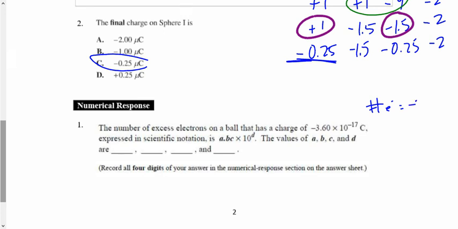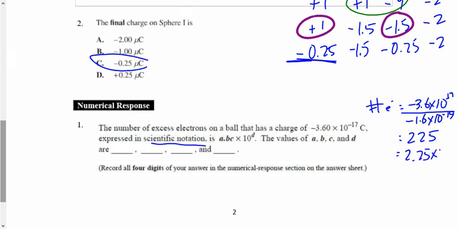Yeah, the total charge, 3.6 times 10 to the minus 17, divided by the charge of one electron, which is 1.6 times 10 to the minus 19, on our data sheet, right? Now, if we do that, we get 225. Now, we're asked to express it in scientific notation, so we'll make that 2.25 times 10 to the 2.